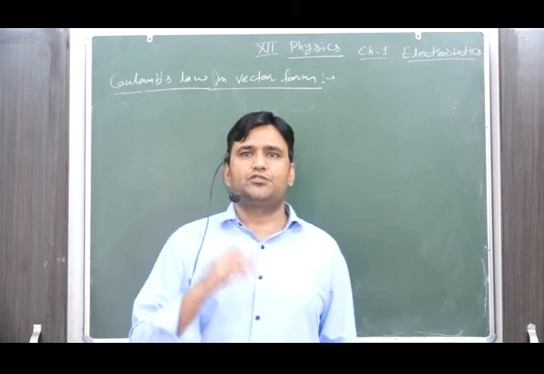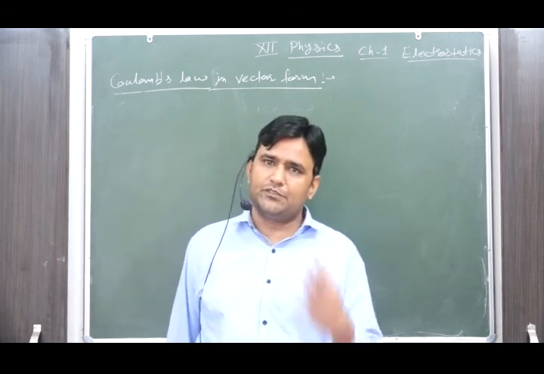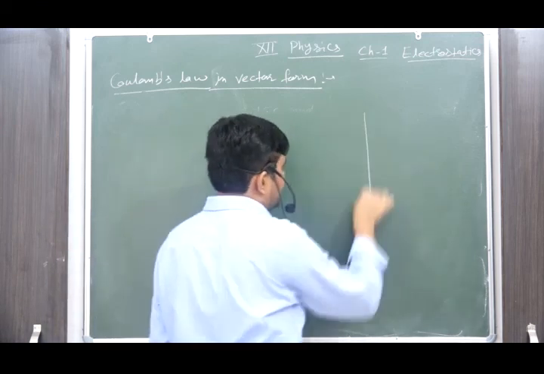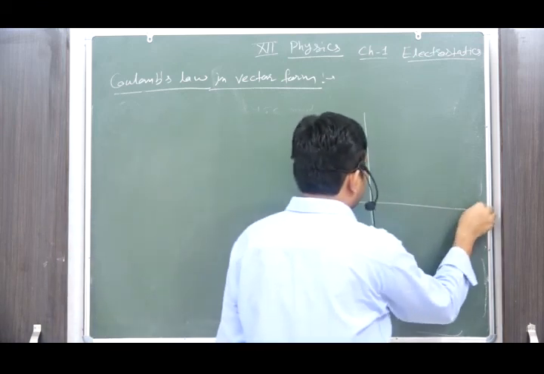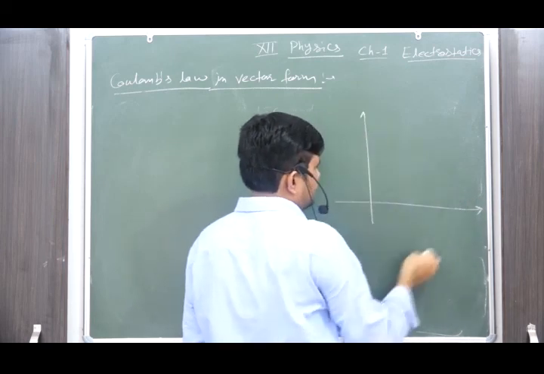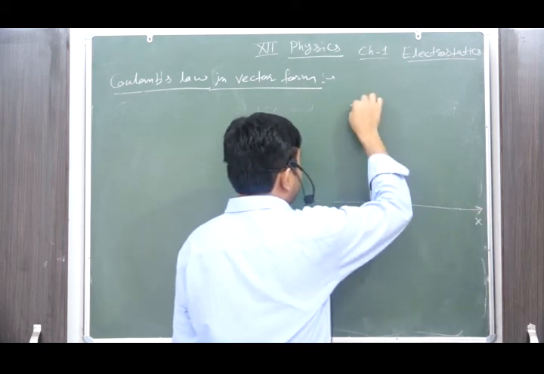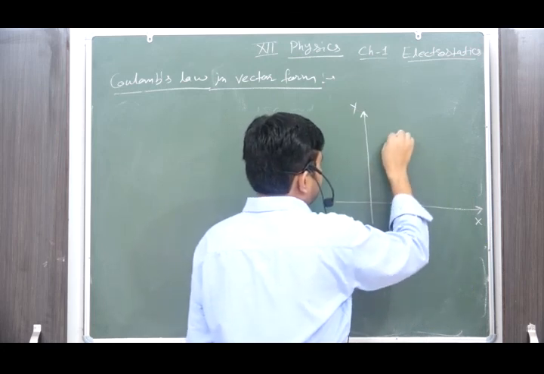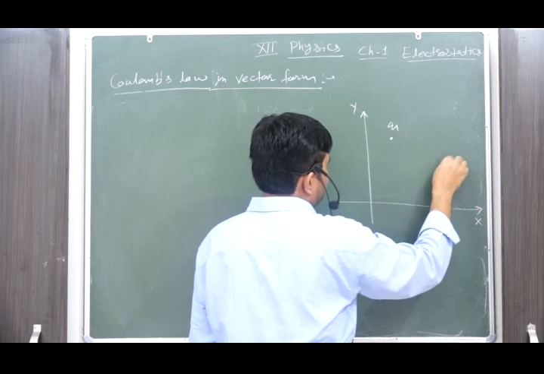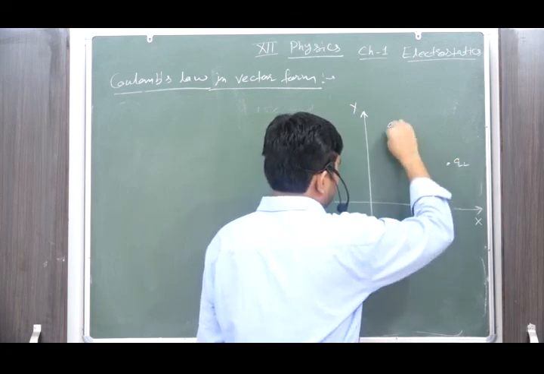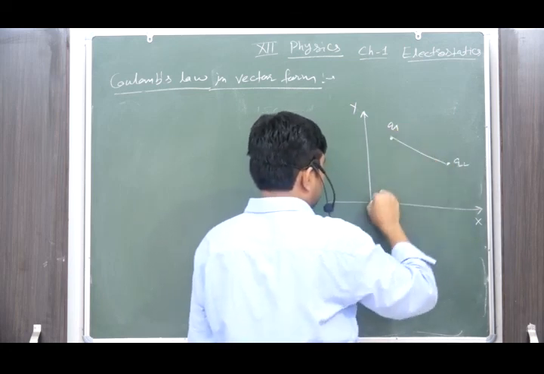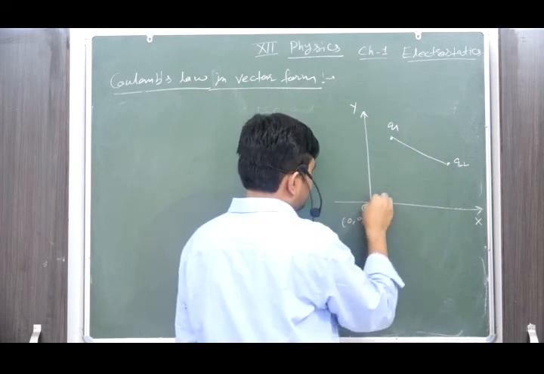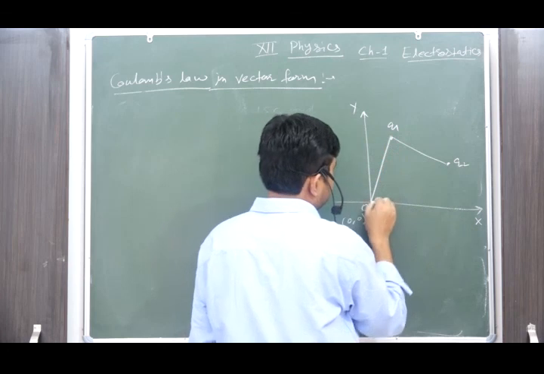If it is a vector quantity, it needs to be represented in vector formulation, and we arrange the vectors in a coordinate axis system, with the x-axis and the y-axis. Now there are the charges Q1 and Q2, separated by a distance. The origin point is O, with coordinates 0, 0.